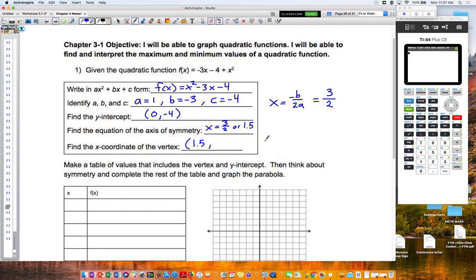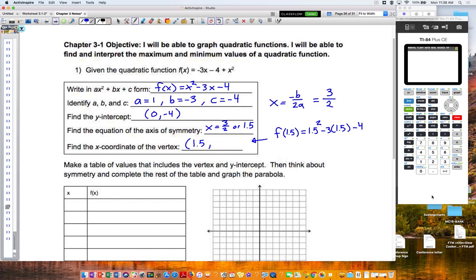I know it doesn't ask you to do this, but I'm going to actually find the vertex so that it helps me with the last part of this question. To get that, I'm going to plug in 1.5 for x. So I'm going 1.5 squared minus 3 times 1.5 minus 4.